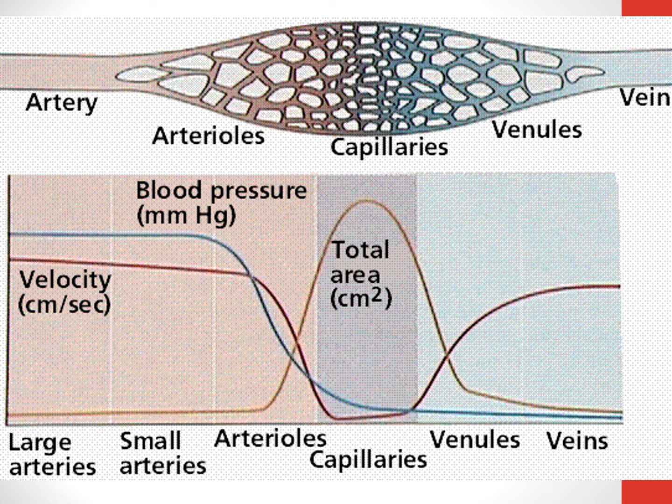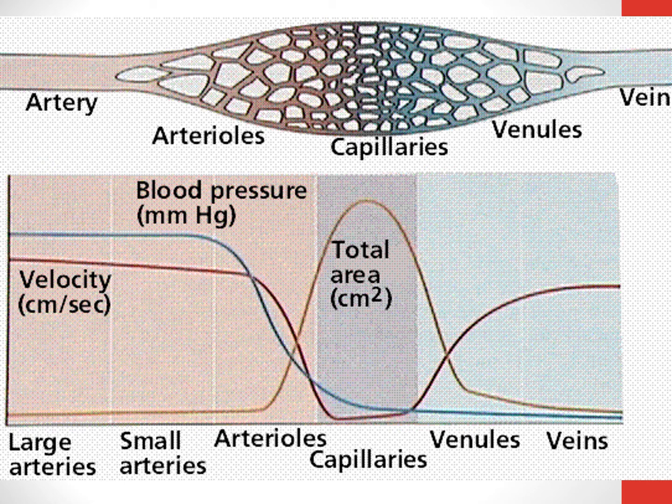So we have an increase in the number of tubes, and therefore the total cross-sectional area if you would add all the tubes together. And that will allow us to slow down the velocity of flow as we move from the arteries into the capillaries. Again, this is a good thing.